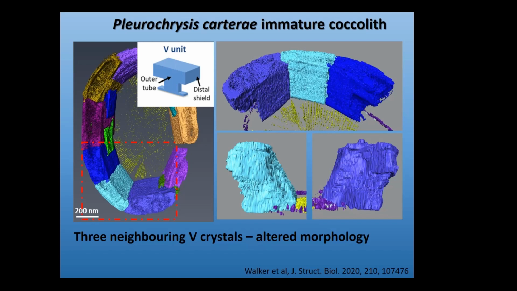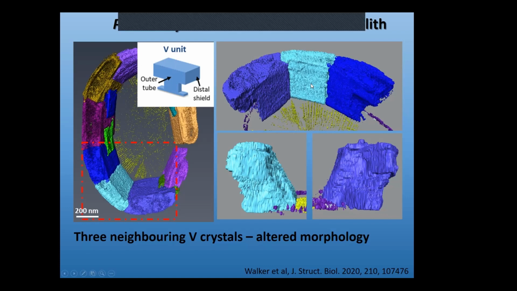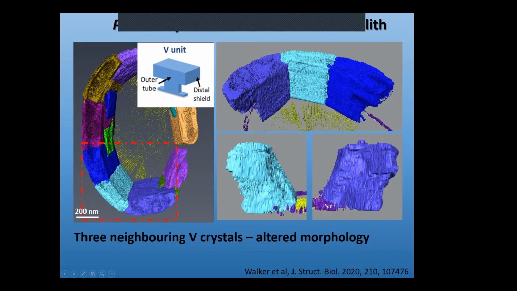So essentially, we have a system here of competition for space that is helping to regulate crystal morphology. The moment that we have a mismatch in the sequence, that competition for space is going to work in a different way, because now we have two neighboring V units competing for space instead of a V and an R unit, and then the crystal morphology is going to change.